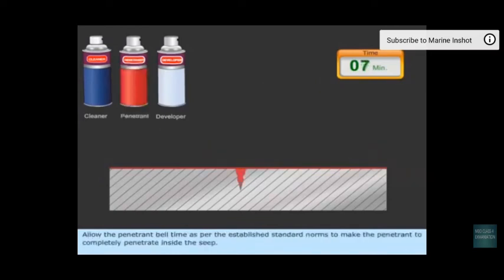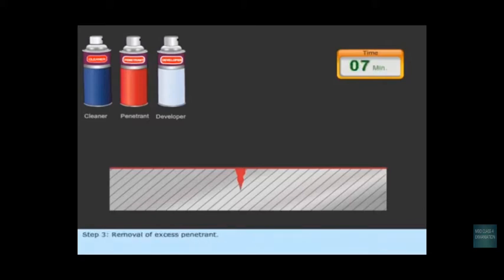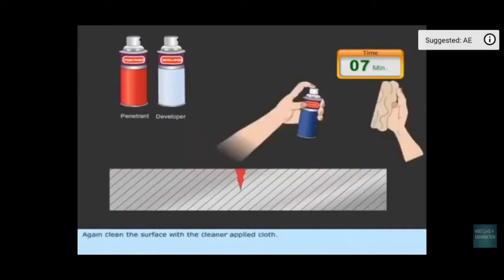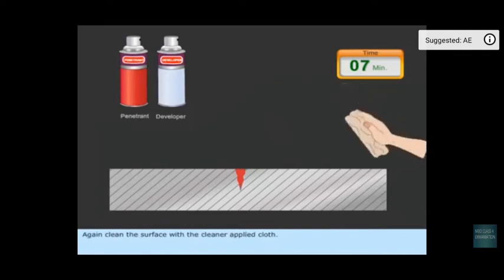After waiting for some time, the penetrant will penetrate into the surface defects or crack. After that, excess penetrant is removed by using a cloth. Then we again clean the surface by using the cleaner.